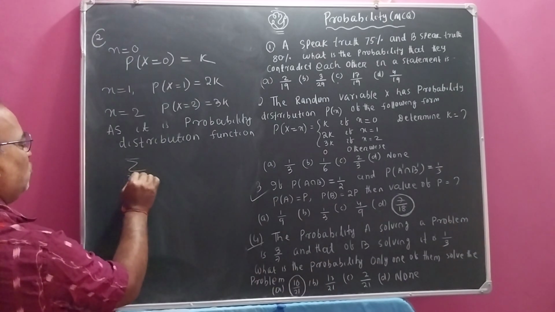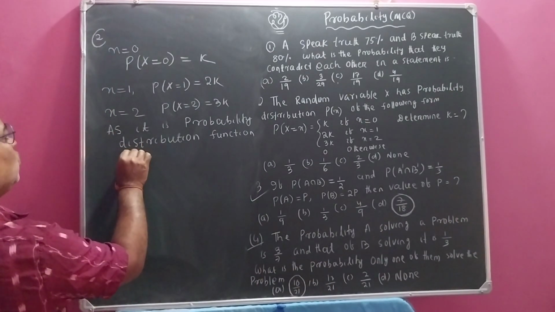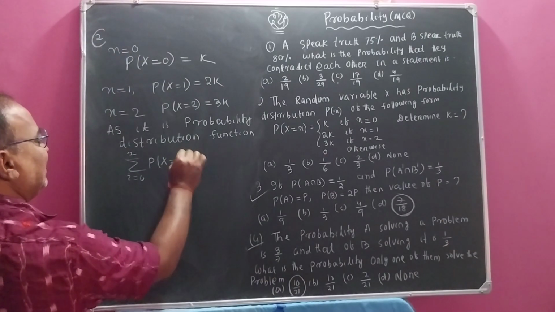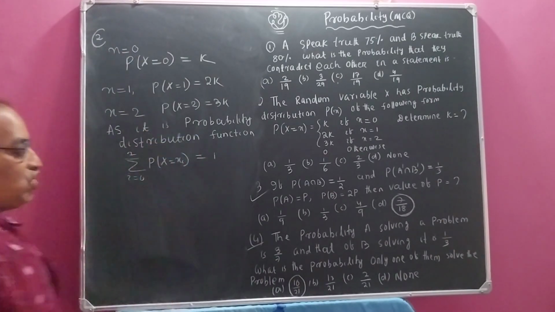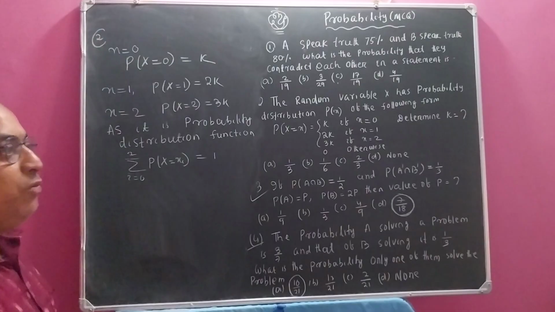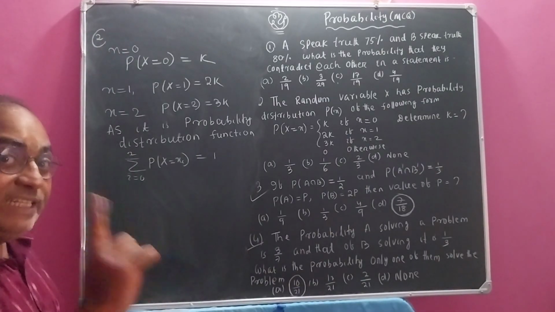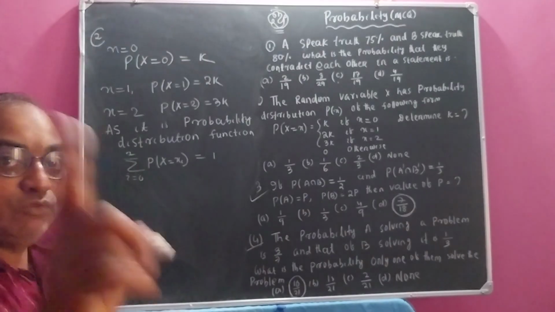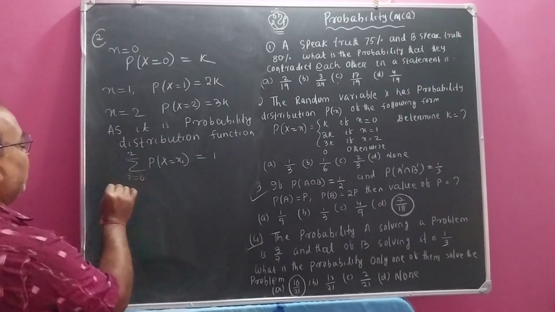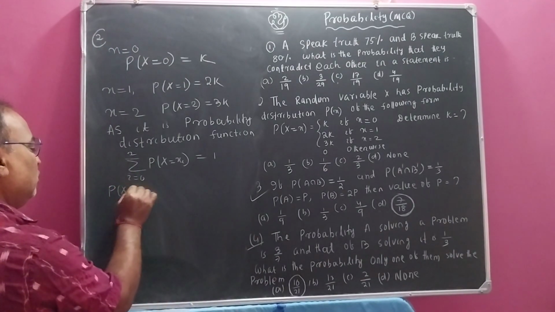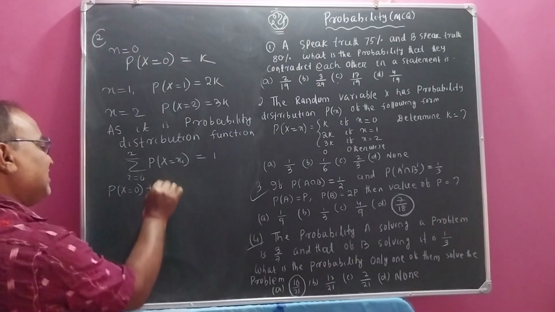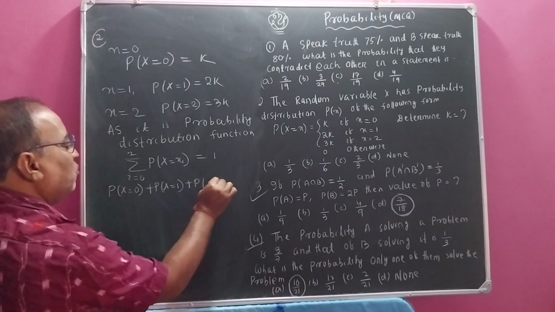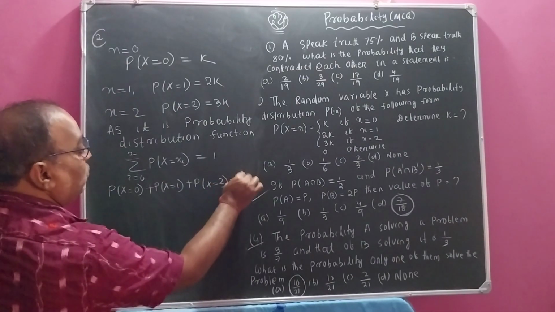Summation of i equal to 0 to 2, probability of x is equal to xi is equal to 1. Sum of the probabilities must be equal to 1. That is the definition. So probability of x is equal to 0 plus probability of x is equal to 1 plus probability of x is equal to 2 is equal to 1.